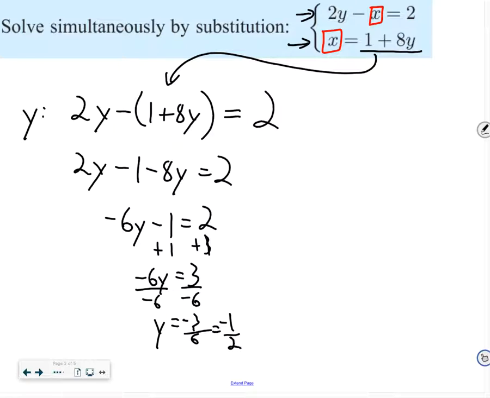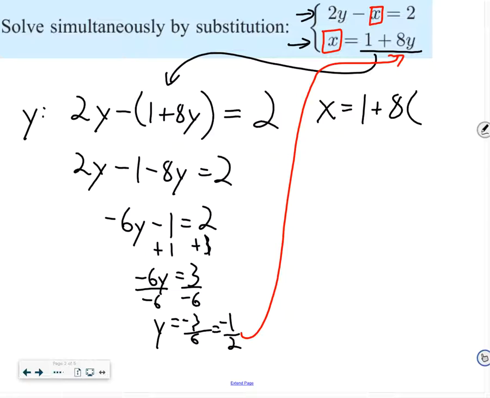Okay, so now that I have my y value, I'm going to plug that in to this equation and find my x. So x is equal to 1 plus 8, and I plug in negative 1 half. Okay, and now I just simplify.